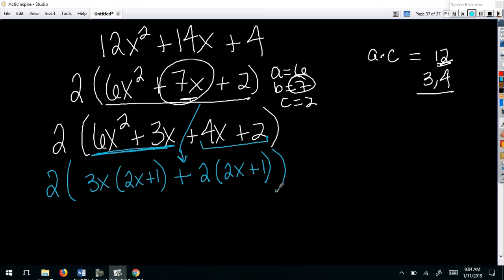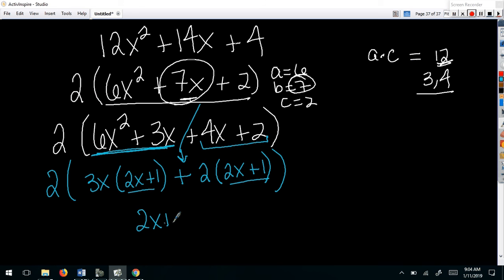Now as you look at this, now here's where you have to really think about it conceptually. Do you see, looking just in this big parentheses here, do you see something they have in common? A big GCF. 2x plus 1. Okay? What I'm going to do is I'm going to take a 2x plus 1 away from both of them and put it in the front.